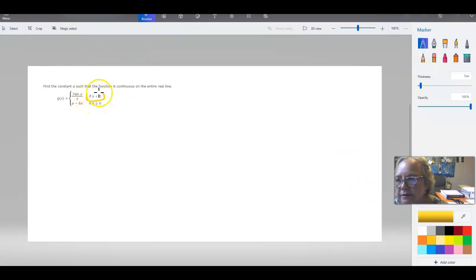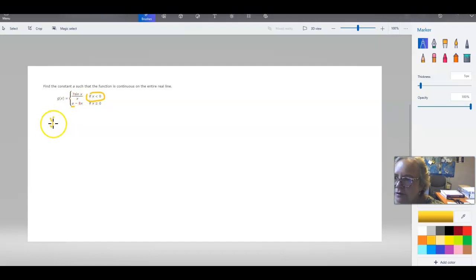When x is less than 0, your function is 7 times sine x over x. And when x is greater than or equal to 0, again, it's a straight line, a minus 8x. In the previous case a was the slope, in this case a is the y-intercept, and the slope of this line is -8.